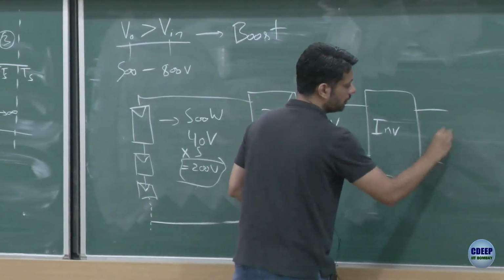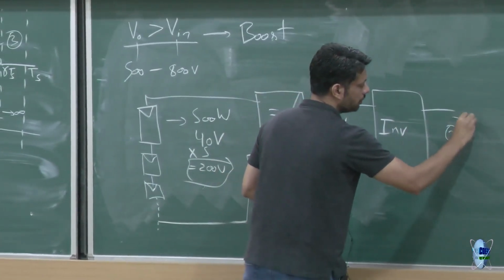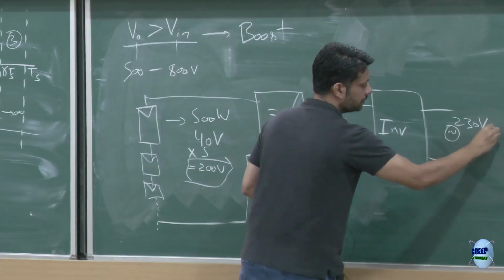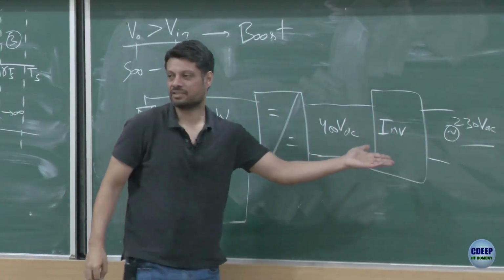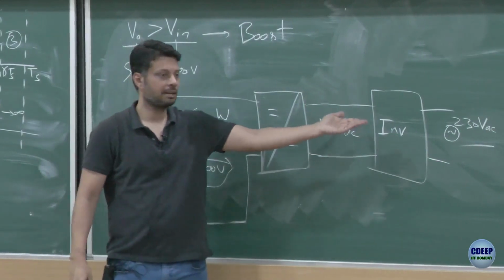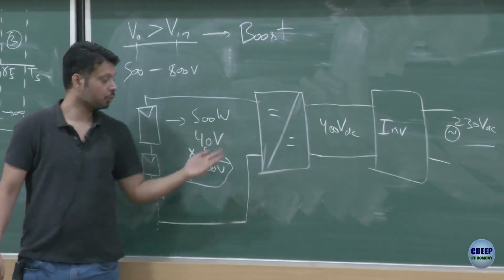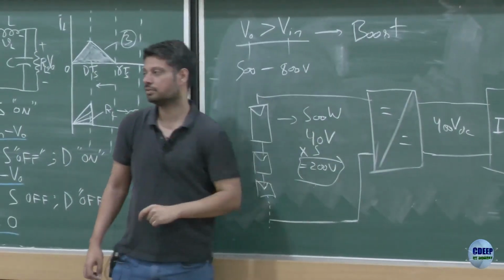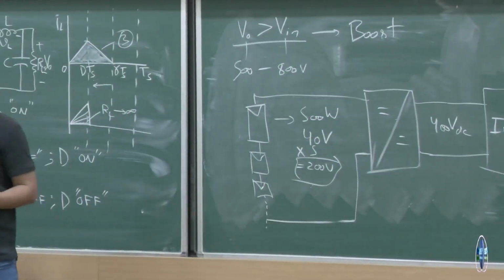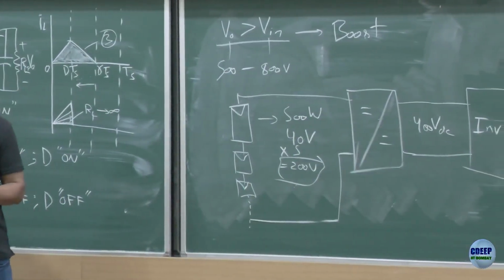Then you can use an inverter to get 230 volt AC. We don't know the inverter as of now; we'll learn about it a little later in the course. But in this case you would require a boost converter going from 200 volt to 400 volt when you want to step up the DC voltage.